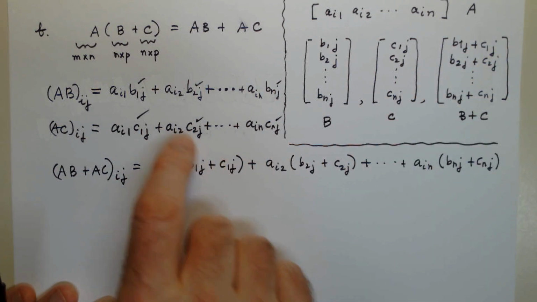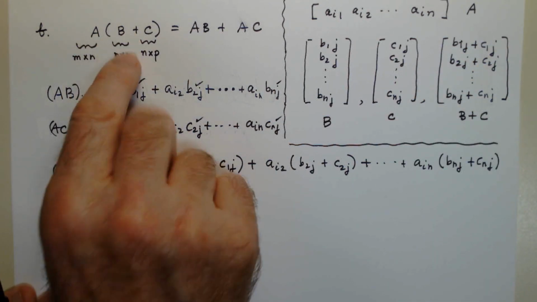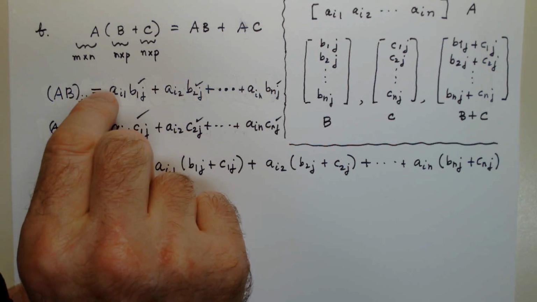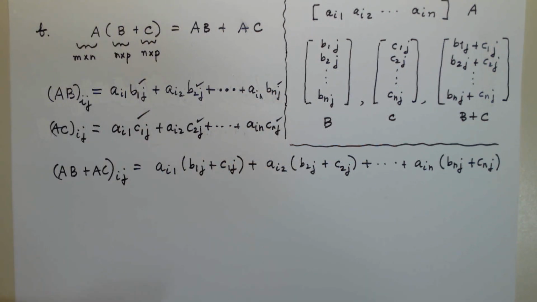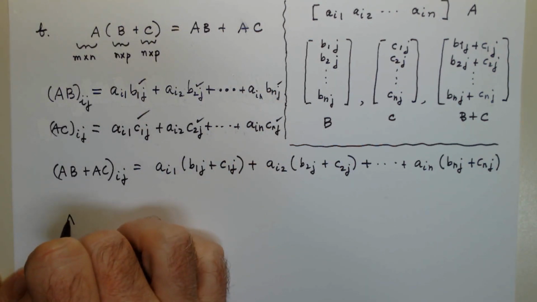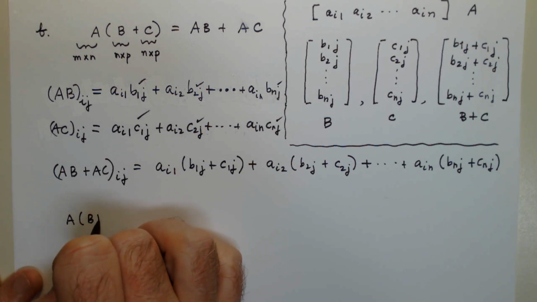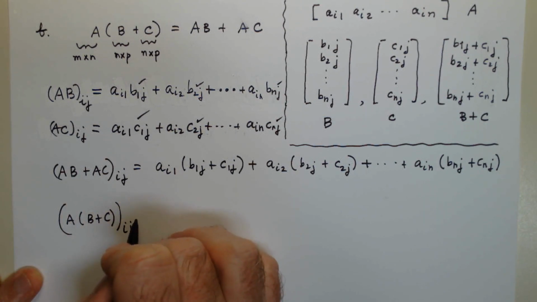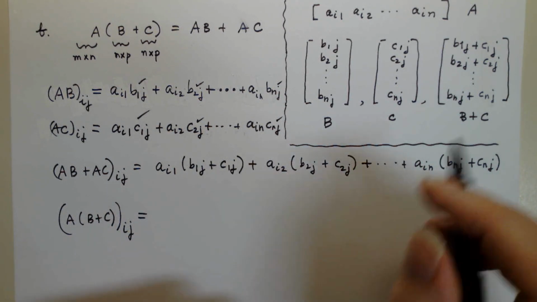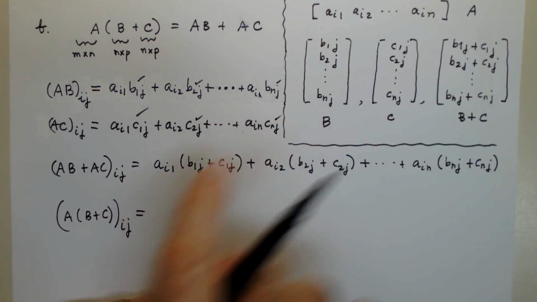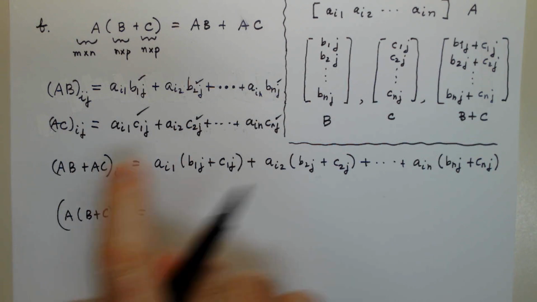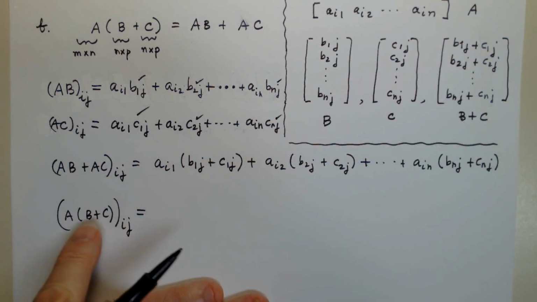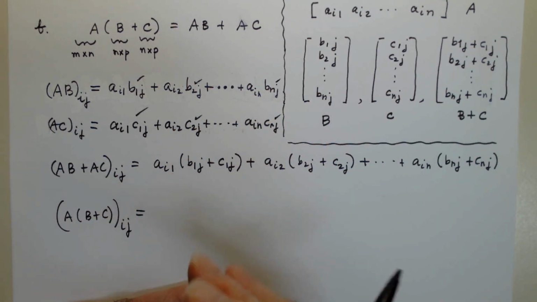So when I multiply A times the matrix B plus C, and I look at its ij entry, I'm taking this row of A that appears on the left, and this column of the matrix B plus C, and I'm dotting them together.